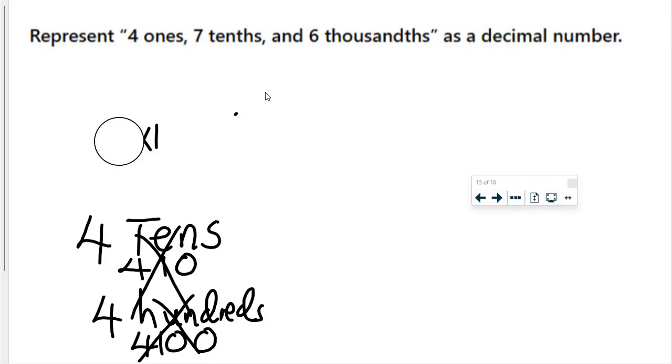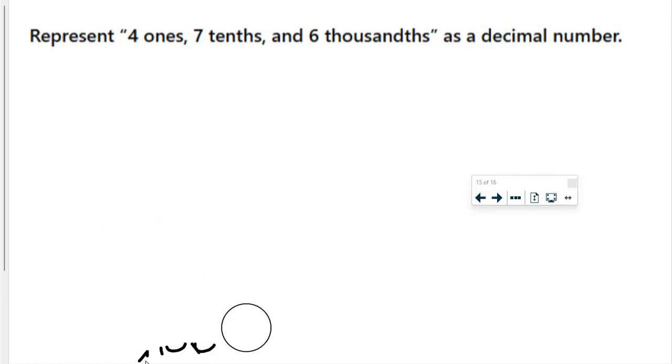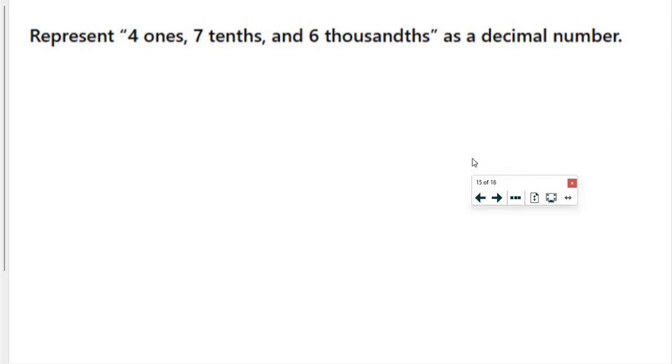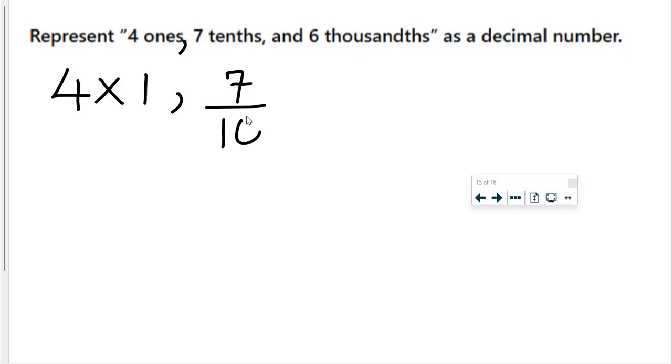The procedure is as follows. Represent 4 ones, 7 tenths, and 6 thousandths as a decimal. 4 ones means 4 into 1, comma. 7 tenths means 7 upon 10.